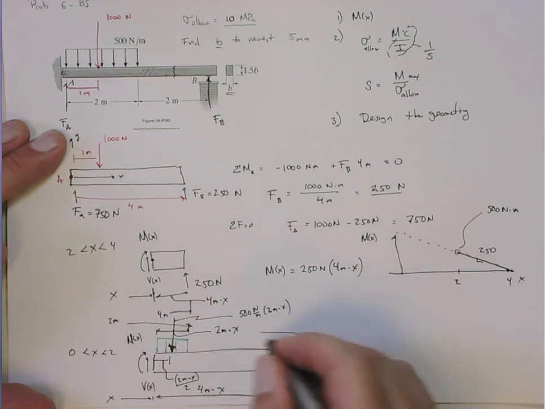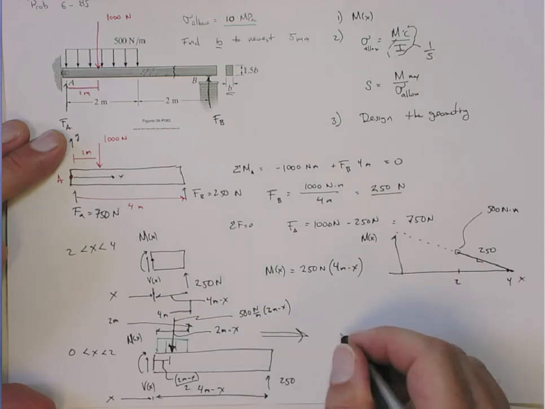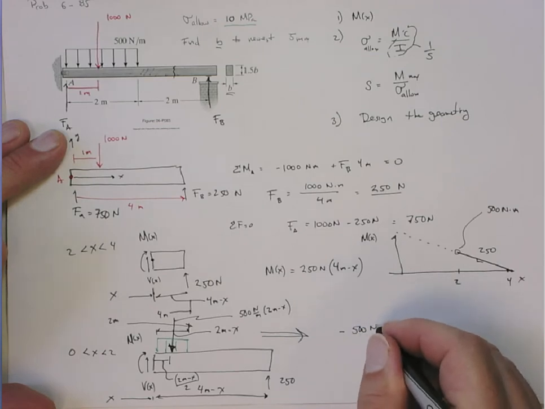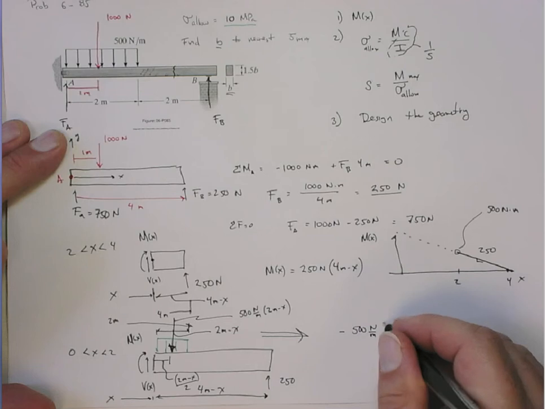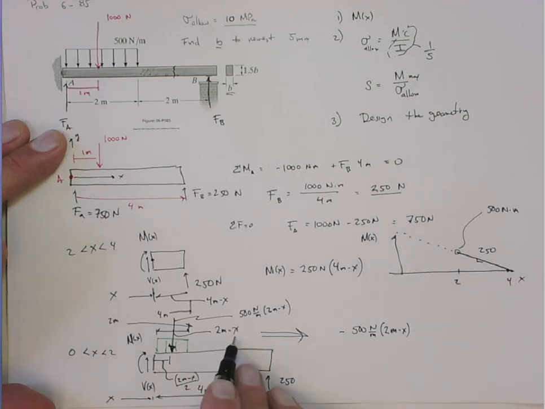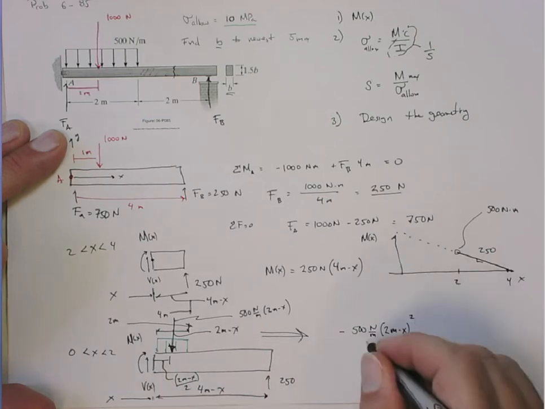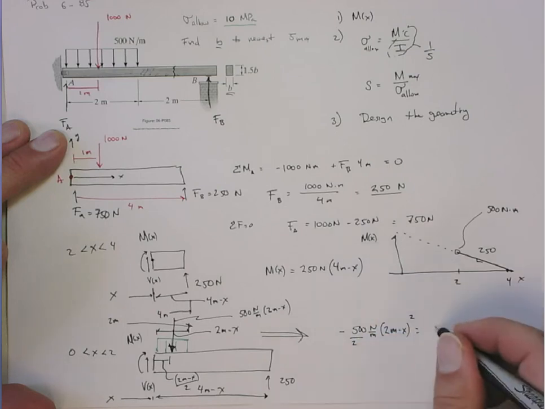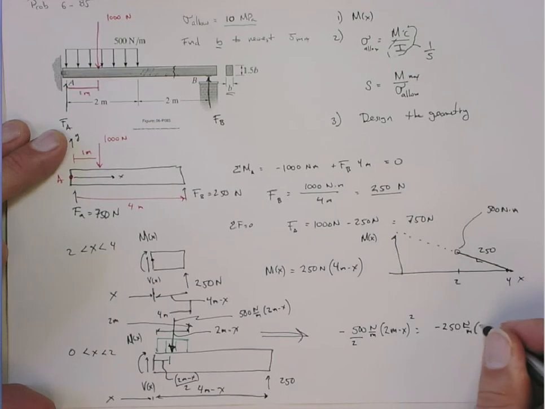So this one, that distributed load, is going to produce a negative 500 Newton meters times 2 meters minus x over its moment arm, which is the 2 meters, I'm sorry, 2 minus x on 2. So we get this over 2. So this is really going to be minus 250 Newton meters, 2 meters minus x quantity squared.